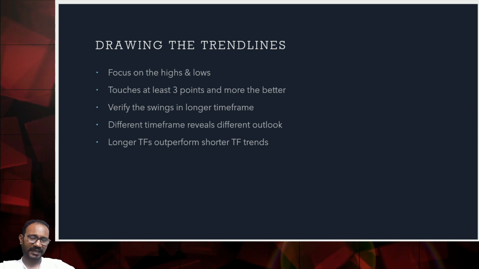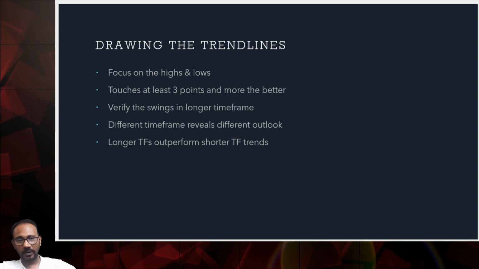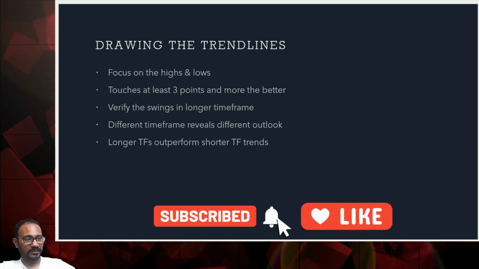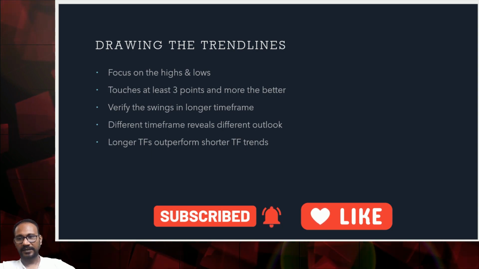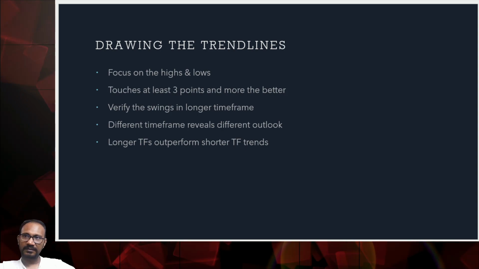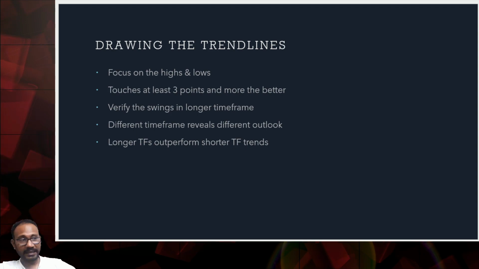So the longer the time frame, the better it is. The results are going to outperform the shorter time frames for sure. So it has been tested from my own experience. I feel that the longer the time frame, the more the reliability. A shorter time frame sometimes can beat a longer time frame.